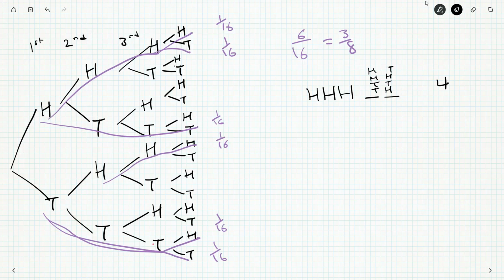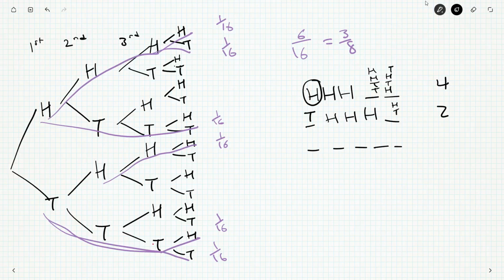So there's 4 branches that start heads, heads, heads and are fine. How about branches that have heads, heads, heads in the middle that aren't already counted? Well, that would force it to be tails, heads, heads, heads. And then there's sort of 2 possibilities that we can get there.